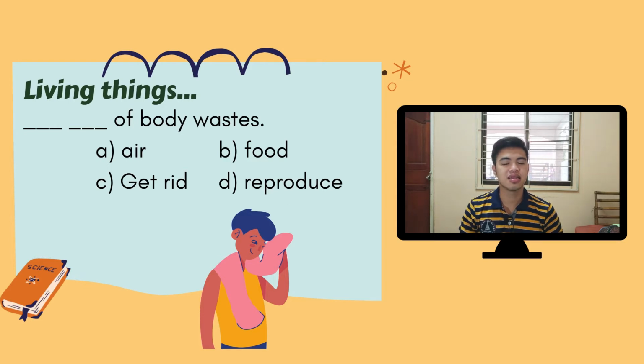What does the living thing do with the body waste? Very good. The correct answer is letter C. We get rid of body wastes. That's why we are sweating. That's why we are going to the bathroom. Because we get rid of body wastes.